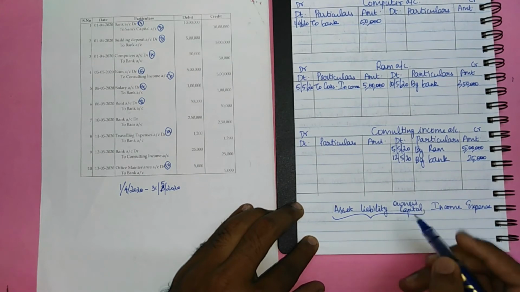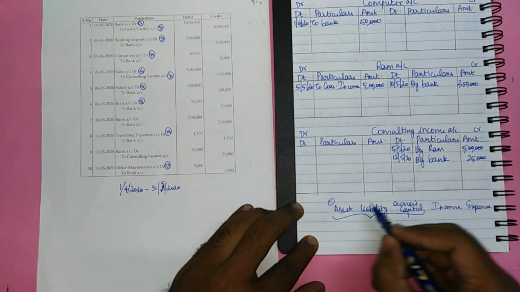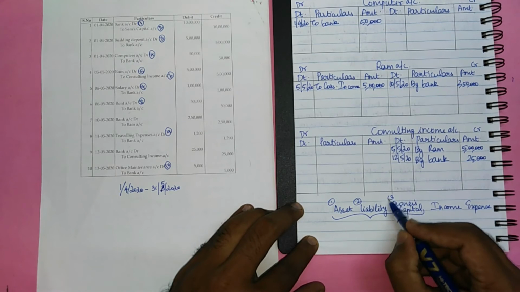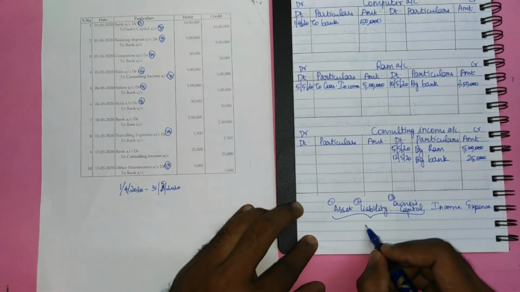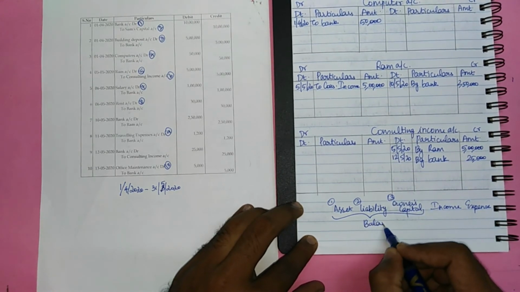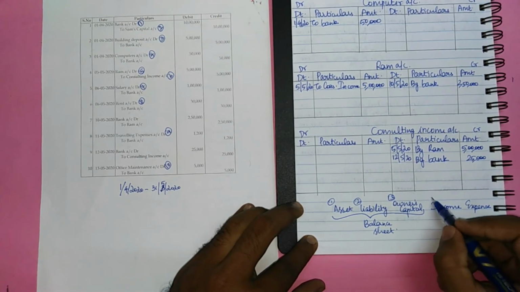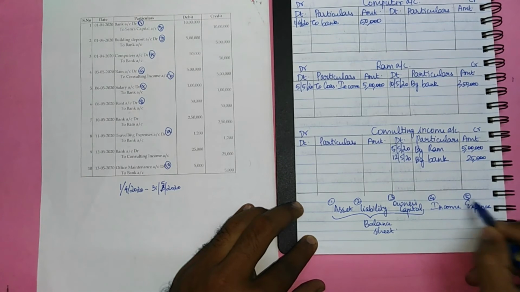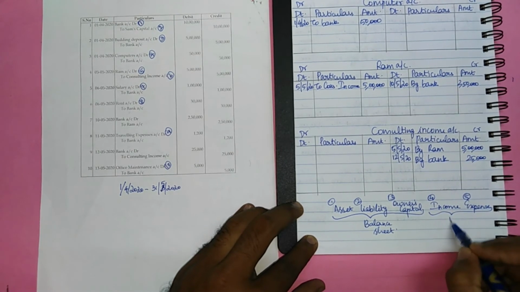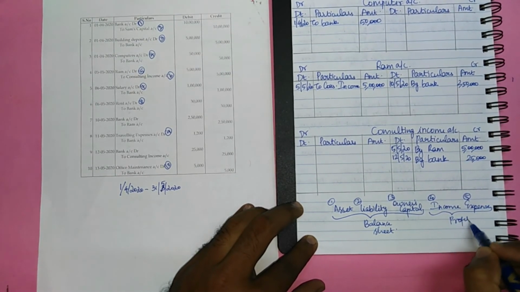These 3 account heads, that is asset, liability and owner's capital, form part of the balance sheet, and the income and expense form part of profit and loss.